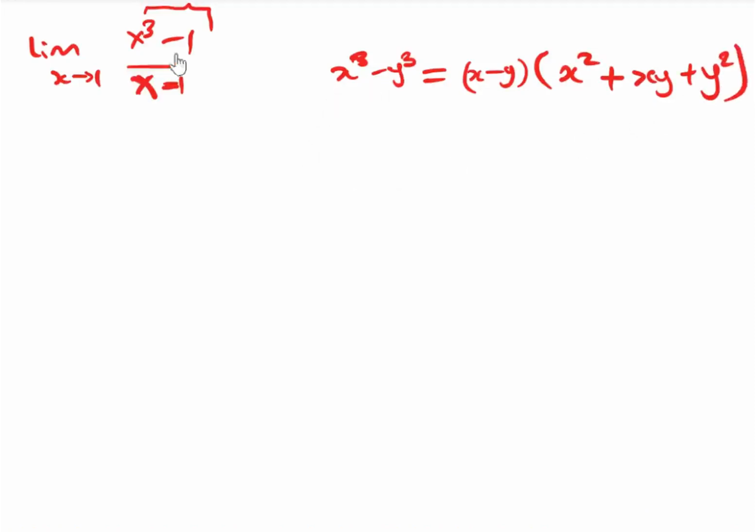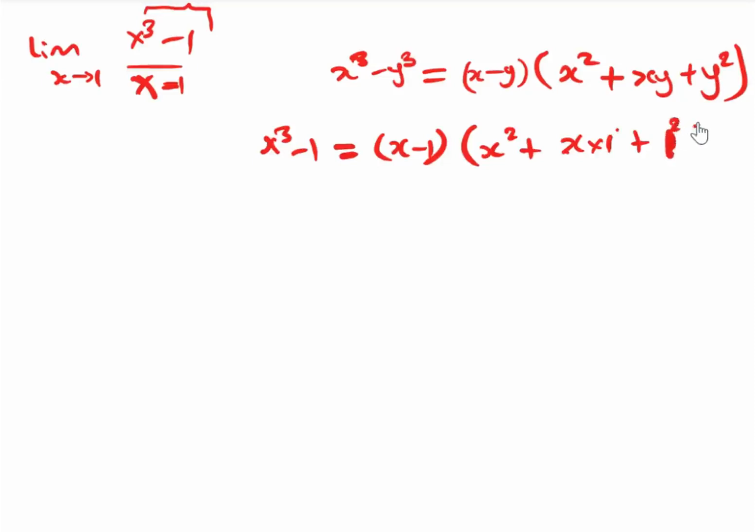Assuming our x to be x and y to be 1, we have x cubed minus 1 equal to x minus 1 into x squared plus x multiplied by 1 plus 1 squared, and this is equal to x minus 1 into x squared plus x plus 1.